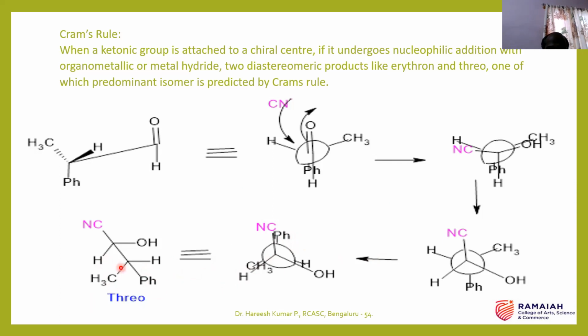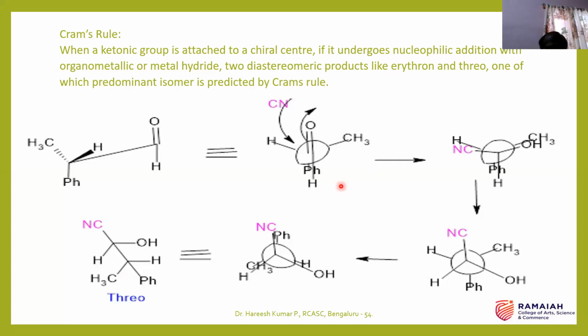Here you can observe that the priority group is on the left hand side, and here the priority group is on the right hand side. Since the priority groups are in opposite directions, we can say that this is threo. So using Cram's rule, one can predict the major product, that is threo, and this is the mechanism.